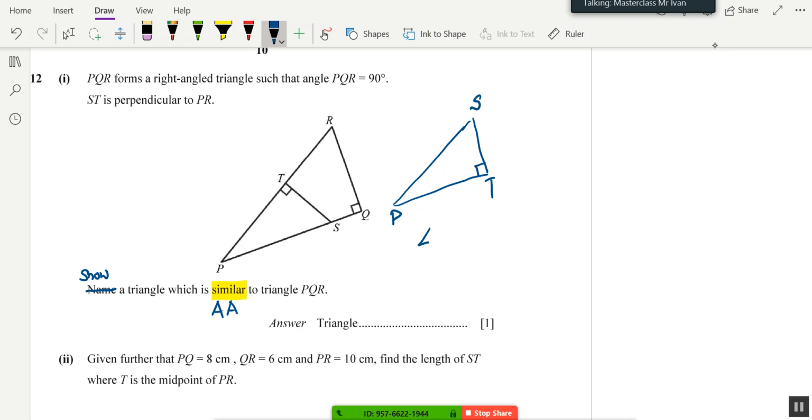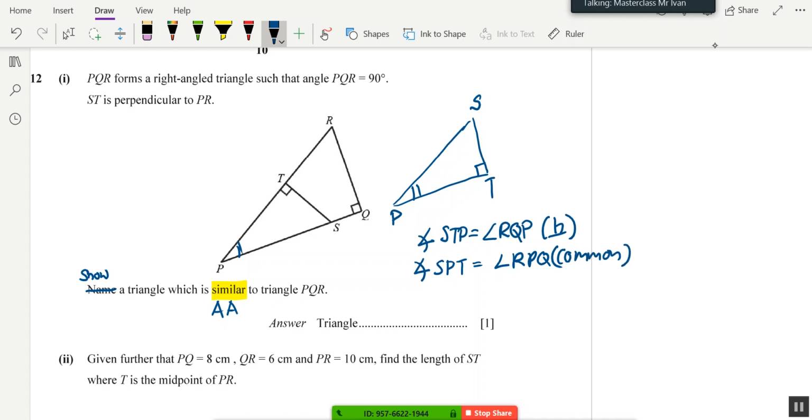Okay, first say angle STP is equal to angle RQP. Very good, RQP, because they are right angles. Next is the common angle. Angle SPT, which is this one, is equal to angle RPQ. Okay, common angle.